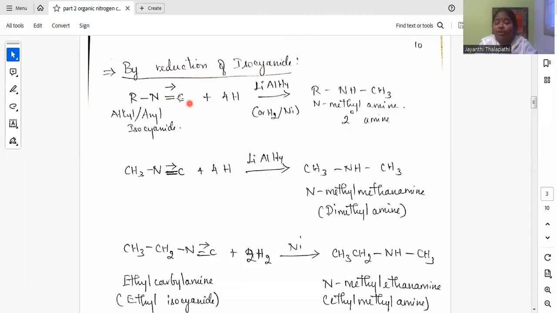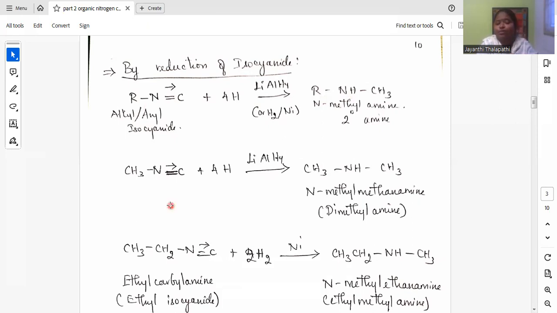One of the hydrogens binds with the nitrogen and 3 other hydrogens bind with the carbon atom, which means RNHCH3. If N has only 1 hydrogen atom, we call it secondary. So by reducing isocyanide, you can prepare a secondary amine, right?